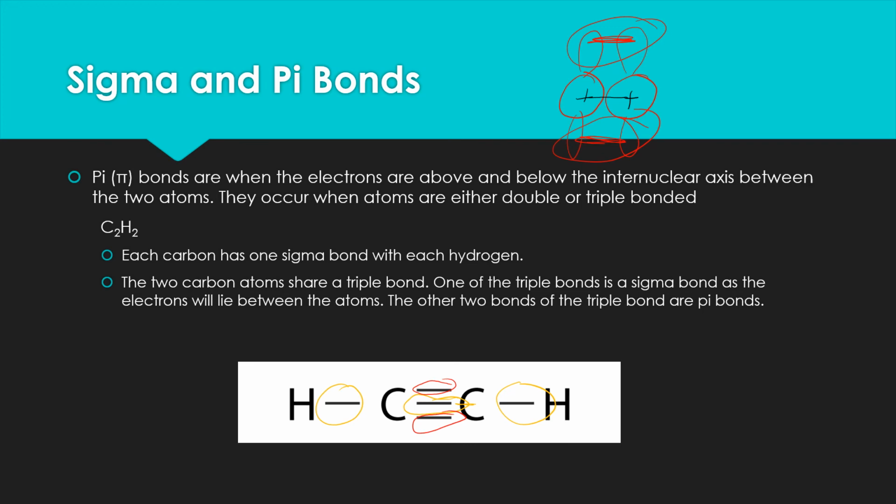So this structure would have 3 sigma bonds, basically one for each bond that we have, and then it would have 2 pi bonds. All right, and that just gives a little clarity on a molecule and saying what types of bonds are present on this molecule.